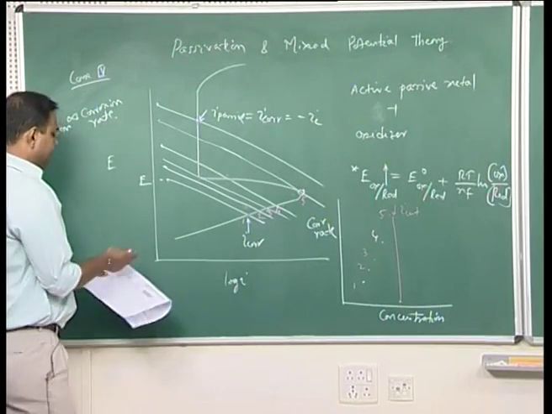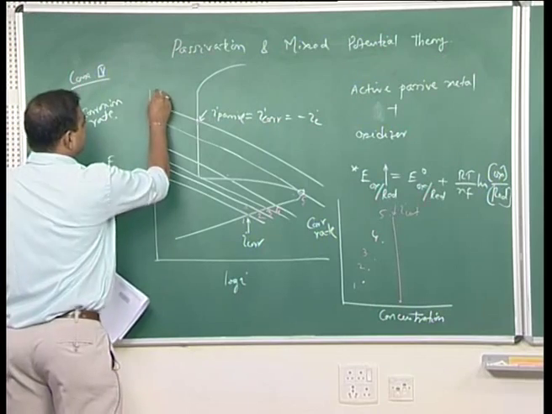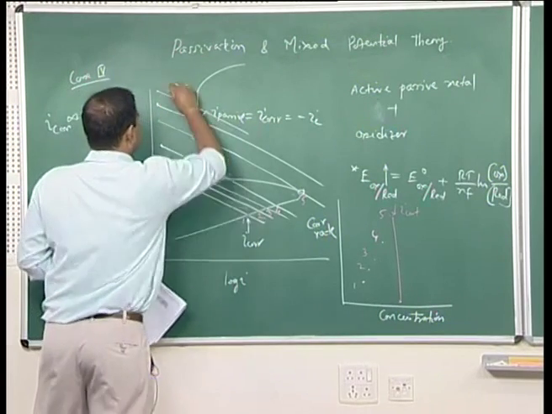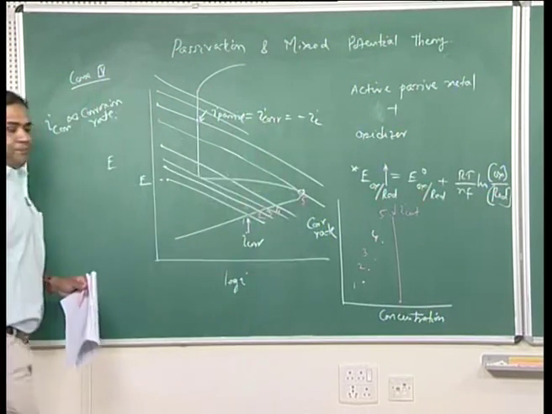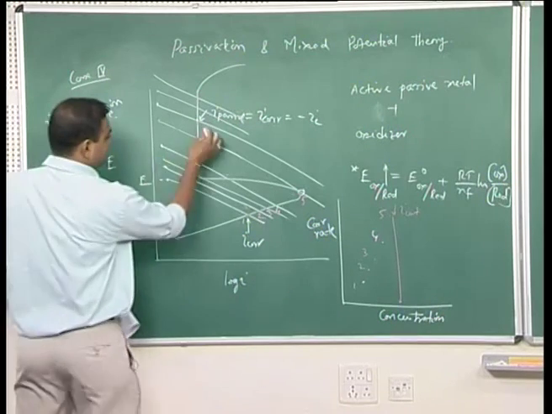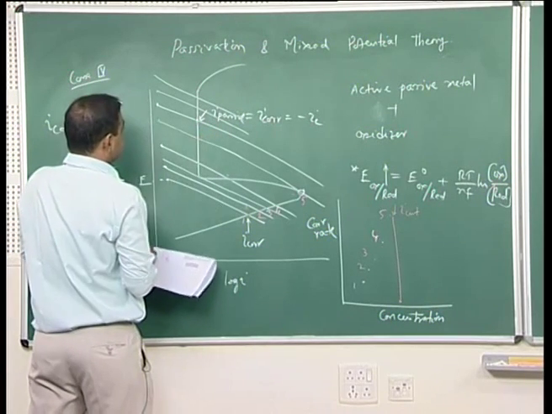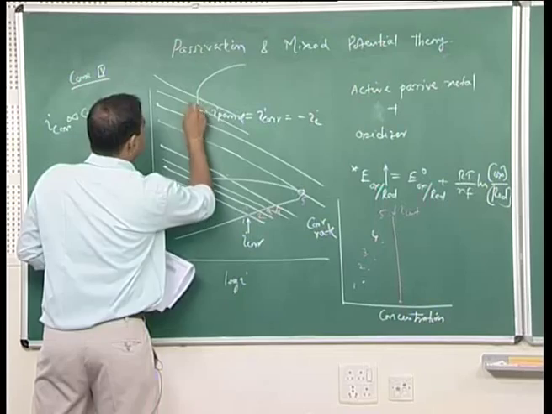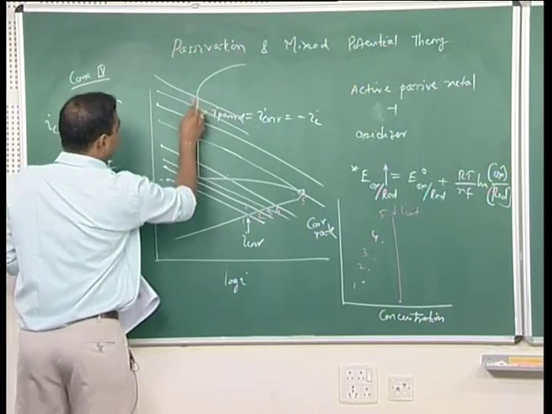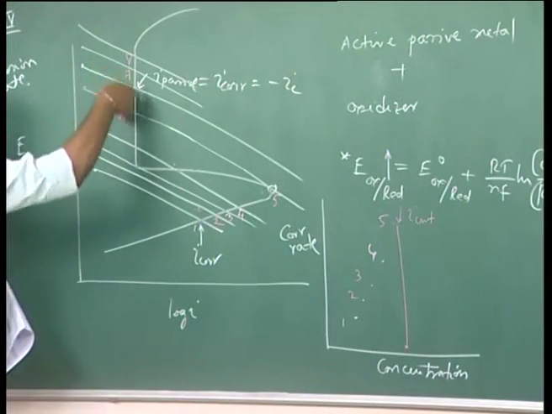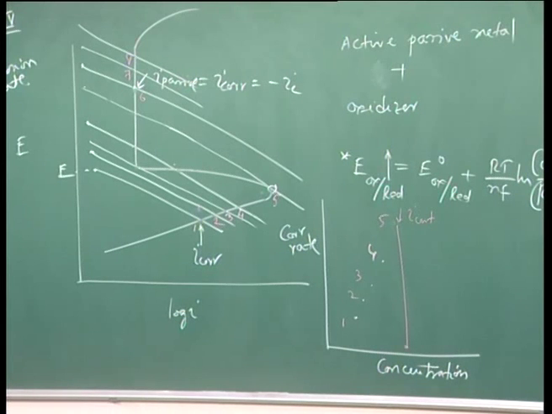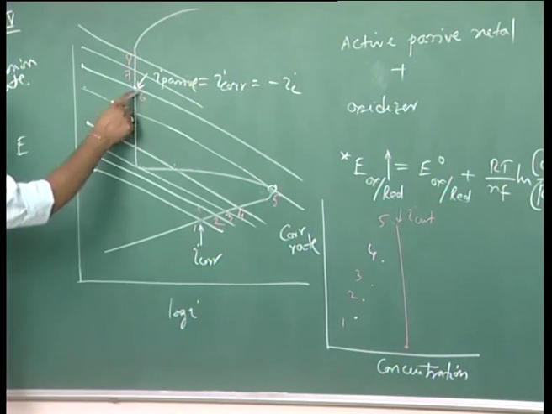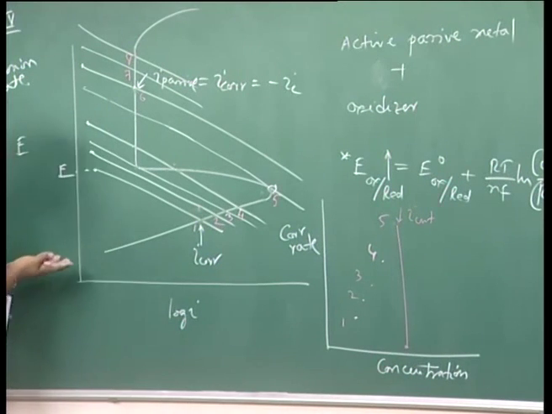And after that, if we increase the oxidizer concentration, I will cut this line at these points. So, this is my point number 6, 7, 8. Up to 8 I see that it is cutting the anodic polarization in the passive zone. So, from 6 to 8 I will have a constant current density for corrosion.